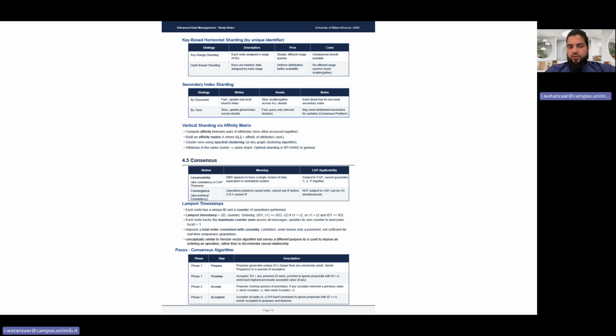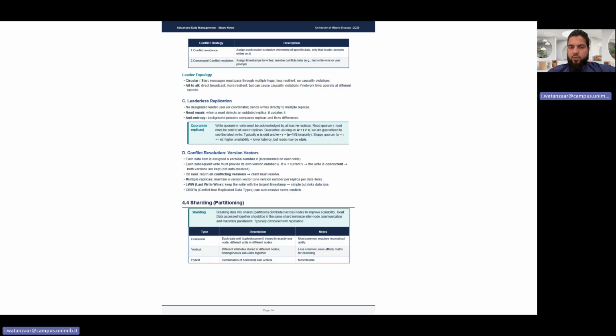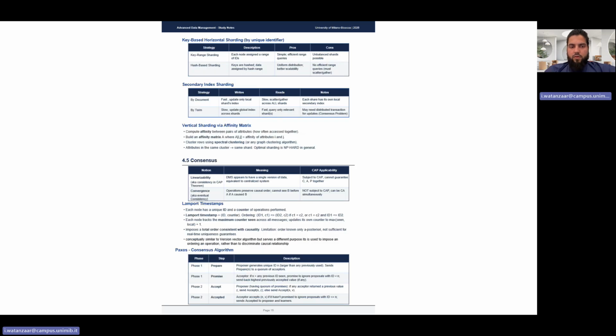A general approach for horizontal sharding. We discussed three types of sharding in the previous notes: horizontal sharding, vertical sharding, and hybrid sharding. A general approach for horizontal sharding is to divide data by an identifier.